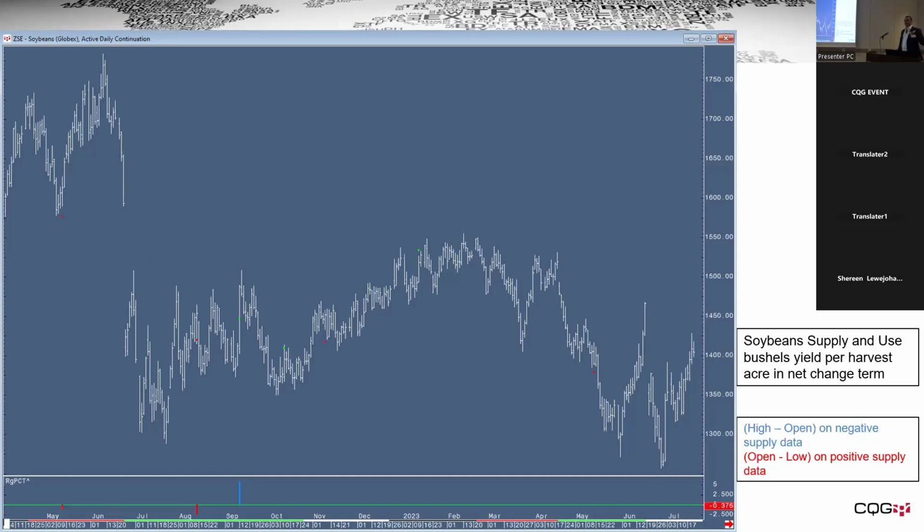So if on average over the last 30 years, a positive number produced a 0.8% up move, then we're going to average this out and plot it onto the chart from the daily open, and same thing for the negative release.